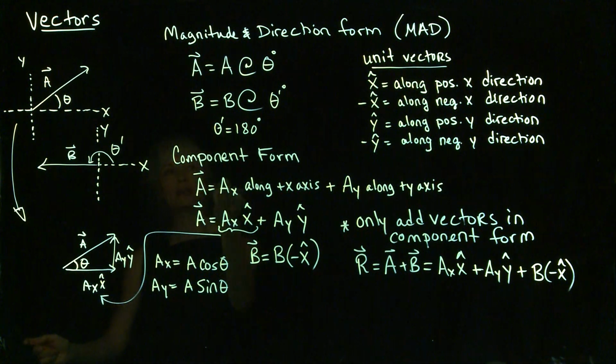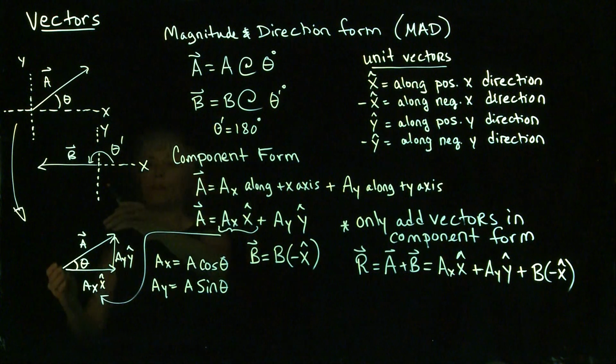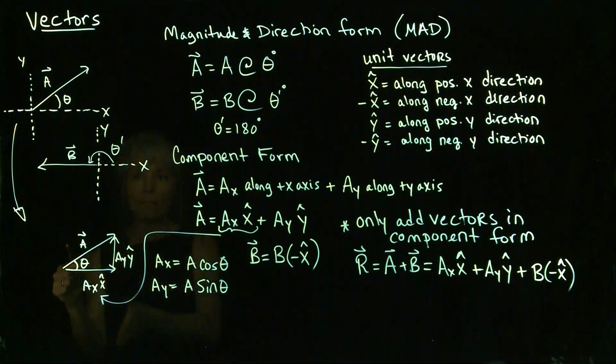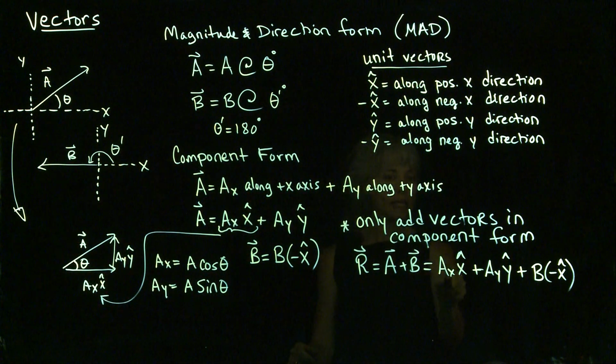So we're taking vectors, and by putting them in component form, we're finding how much of them, or the projection of them, is along each of the axes, and then we're just adding up pieces along that particular line using pluses and minuses. So notice that along the x-axis I have a piece AX, and that's along the positive x direction, and then I have a piece along the negative x direction as well.